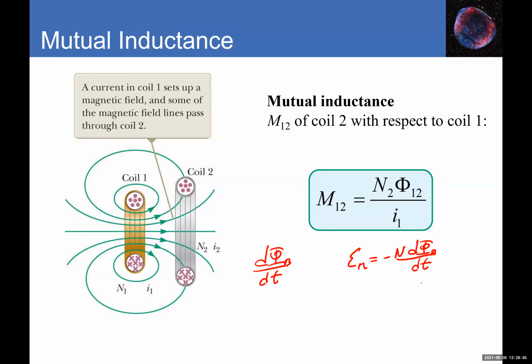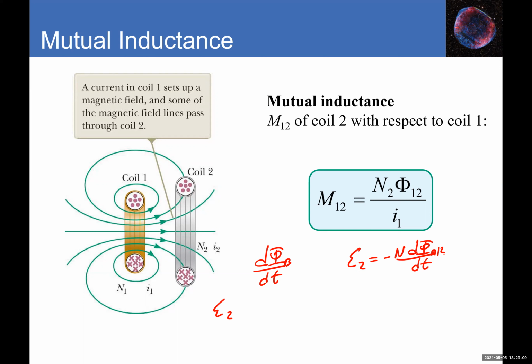That means, for example, let's calculate what will be induced EMF in coil 2. Okay, that means we come back here and look at induced EMF in coil 2, and this will be because there's a change in flux due to coil 1. So basically 1, 2.